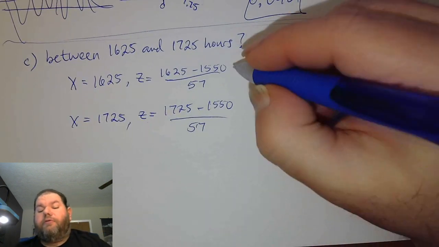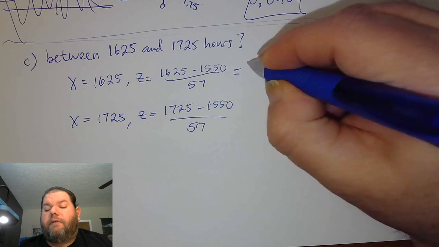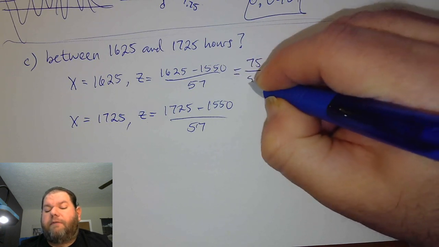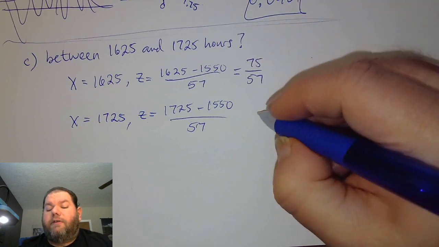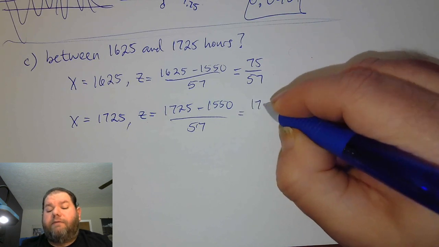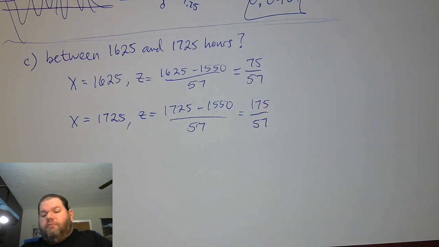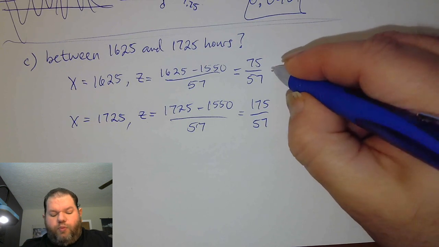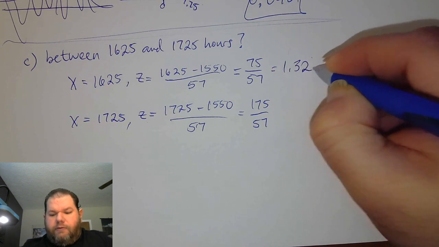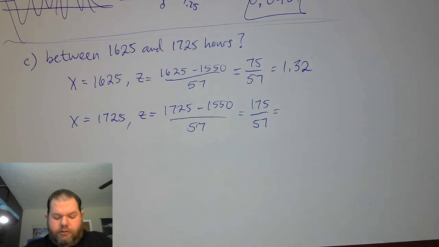So here we will get, let's see, that is 75 divided by 57. And this is 175 divided by 57. So we get 1.32 and 3.07.